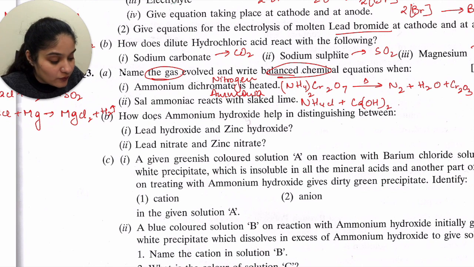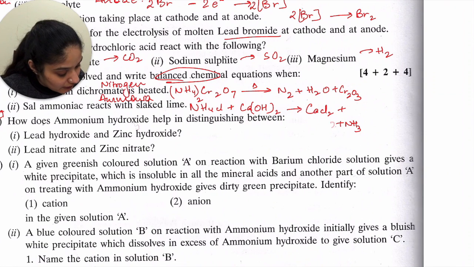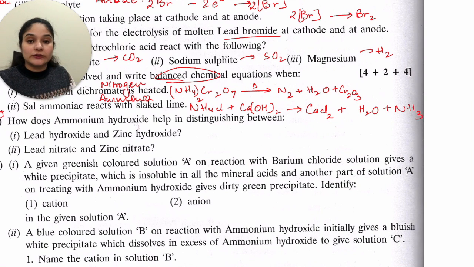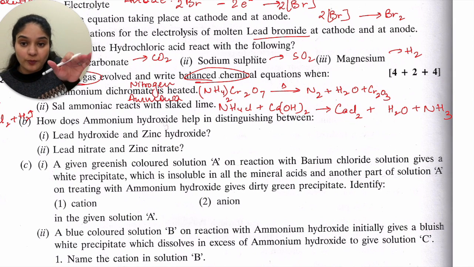And that will give me CaCl2 plus water plus ammonia. I do have space here, I'll write it in a straight line. So CaCl2 plus water plus ammonia. So this is your equation for the first one. Now this is the entire thing for 4 marks.